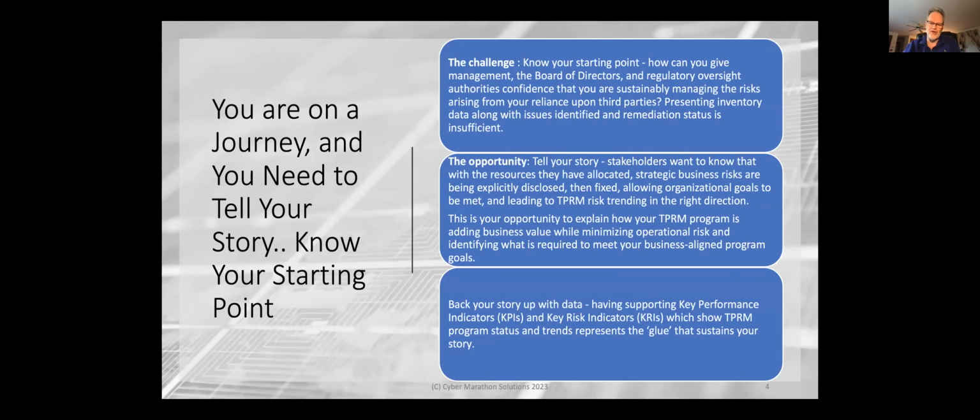You have to ask yourself, whenever you think about the data you're using to support your story and where you're going, that it tells something about how you're trending. The first question you should always ask yourself about data is, so what? What is it telling me? Is it telling me about a trend I need to do something about? But there'll be more about that in a future course. So remember, know your starting point and how it is that you can communicate that to your stakeholders so they have confidence that you're building a sustainable program.